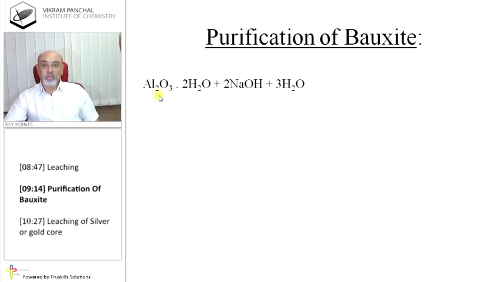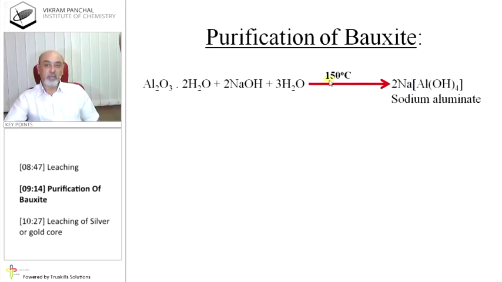Bauxite, which contains many impurities, is treated with sodium hydroxide solution at 150 degrees Celsius. Al2O3 reacts with sodium hydroxide and produces the complex sodium aluminate. This is soluble in water.